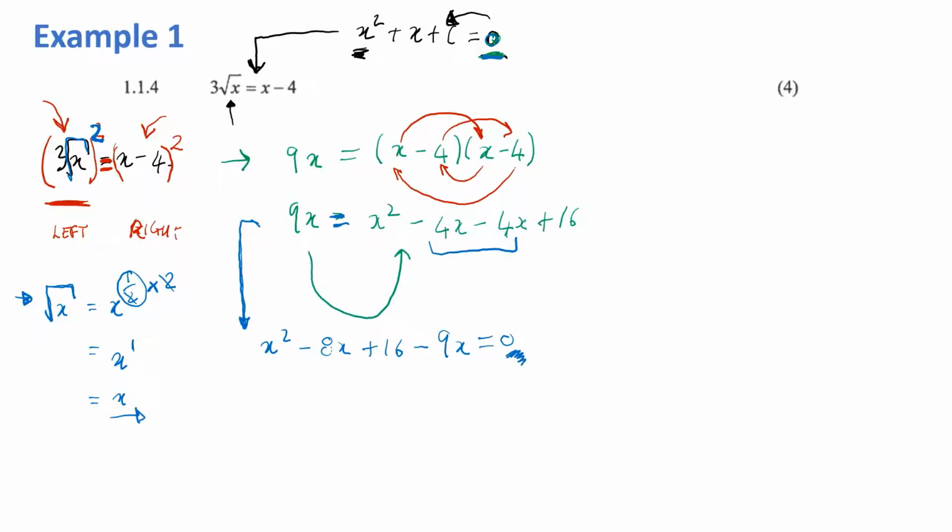As soon as I take it over this equal sign, the symbol changes. Cool. I'm going to simplify it a bit. x squared minus 17x plus 16 equals 0.